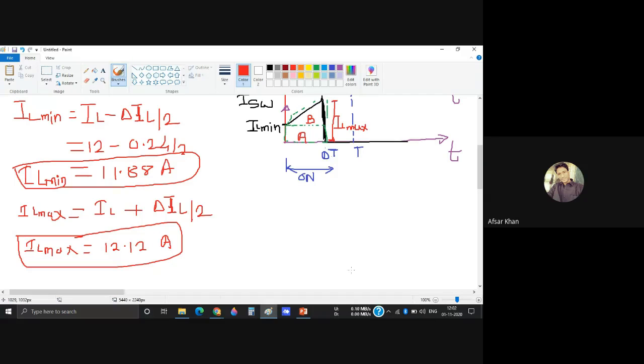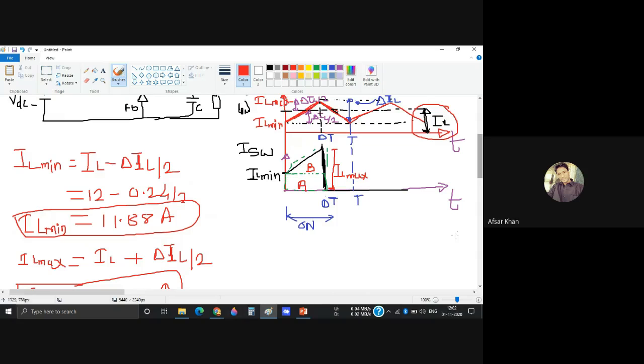Now we have to calculate the average current and RMS current. So we have to mark this value IL mean. How much is IL mean? 11.88.